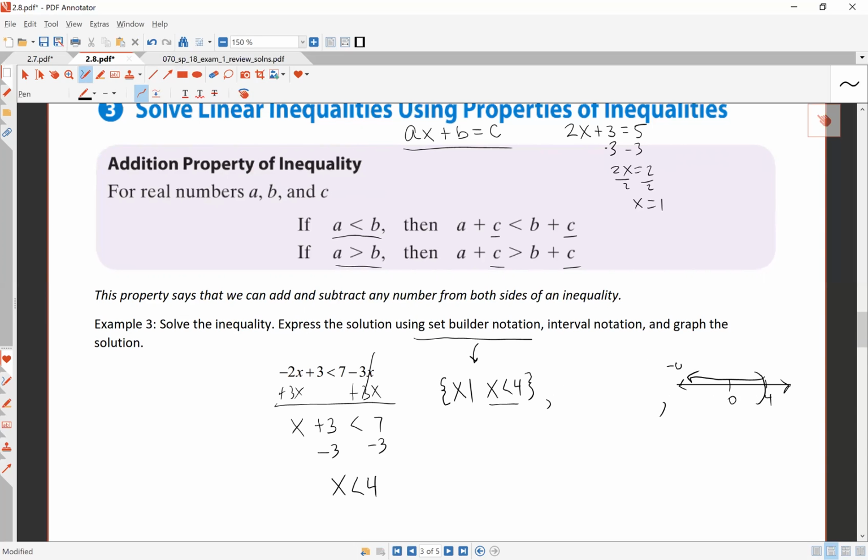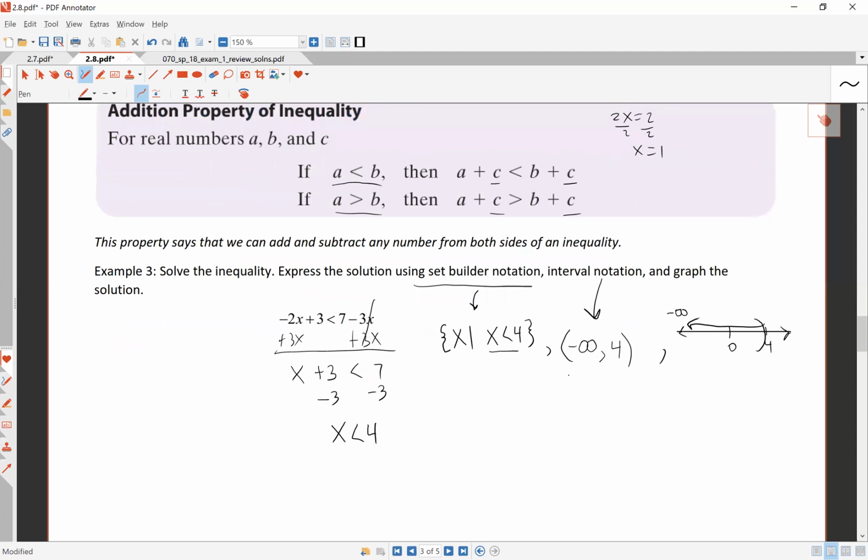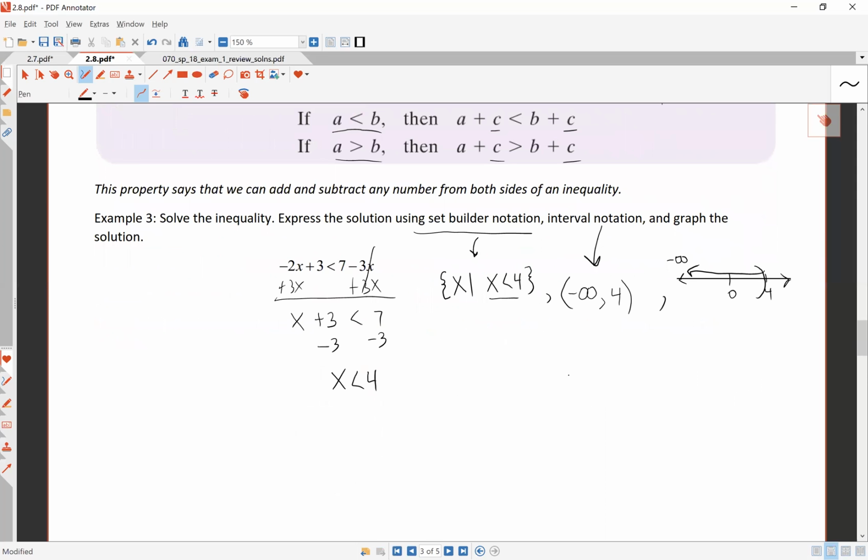The left side of this interval is negative infinity. The right side is 4. We don't include the 4 because it's less than, and we never include the infinity. All right, those are the 3 ways we express the solution set: set builder, interval notation, and the graph.